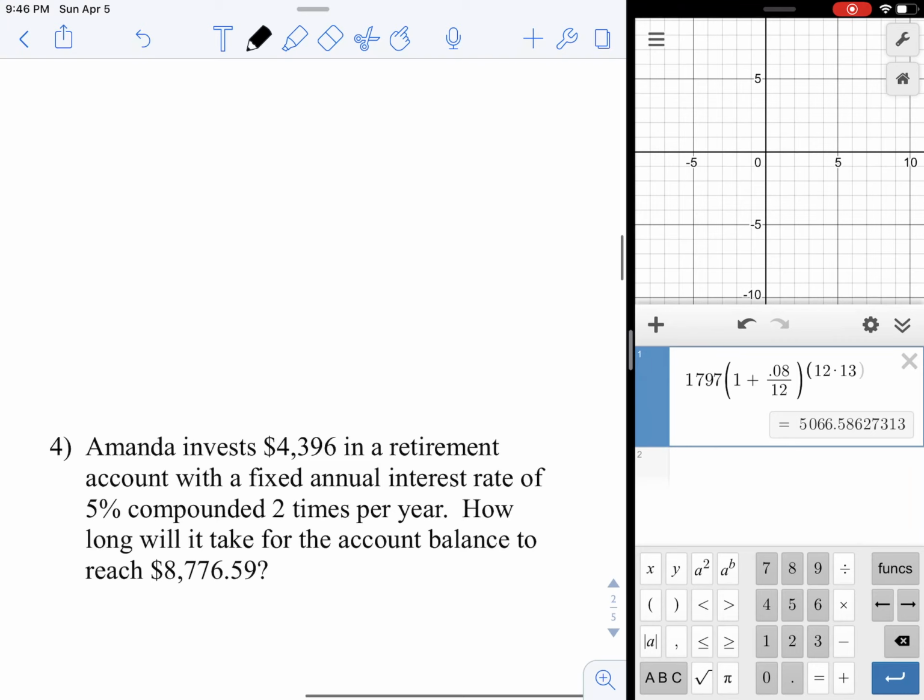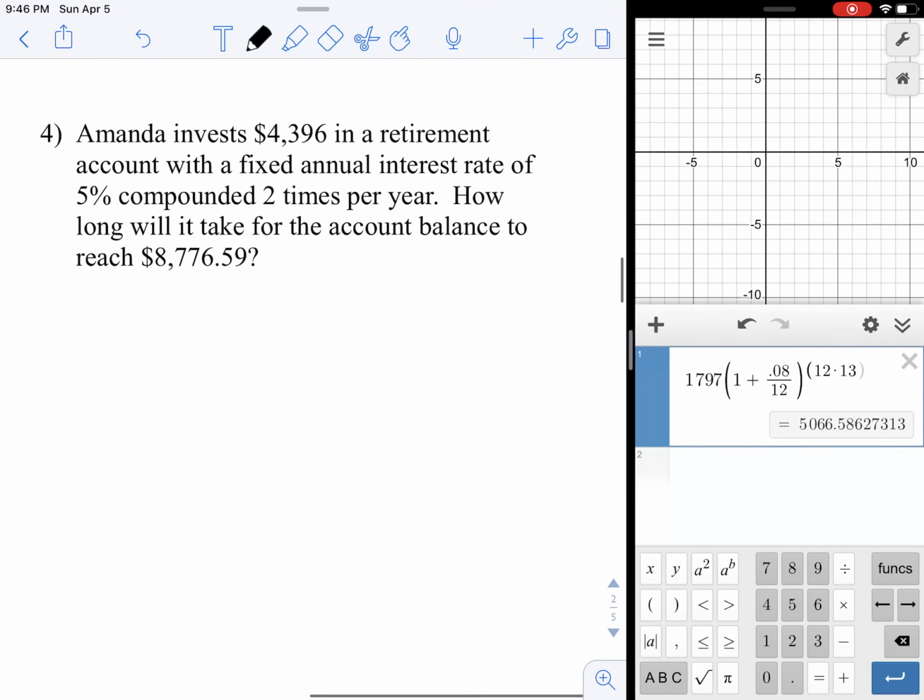Okay, number 4. Amanda invests $4,396 in a retirement account with a fixed interest rate of 5%, compounding 2 times per year. How long will it take for the account balance to reach $8,776.59? So this is the principal, the original investment. This is the rate, the number of times per year that it's compounded.